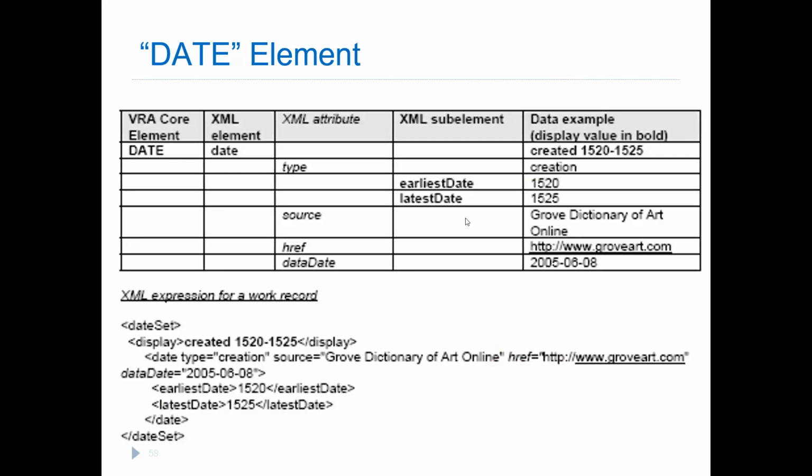Here's an example of the VRA Core element set. This is just kind of a mapping example. We're going to talk more about mapping in a couple of weeks from now, so I don't want to get too much into mapping, but I did want to start giving you some snippets of what mapping documentation looks like. One of the most common mapping documentation formats is probably a spreadsheet.